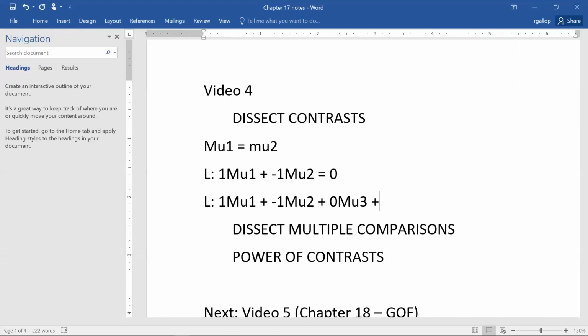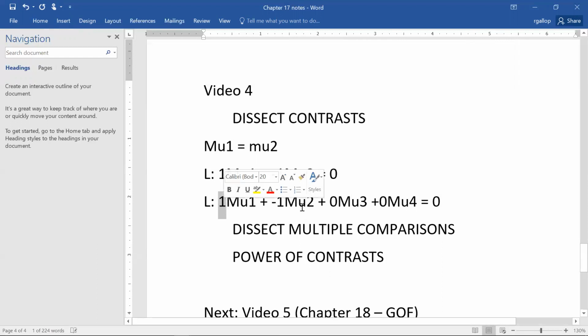I won't put the symbolism for multiplication there, but I think you can get that. It's a linear function, a linear summation of the cell means set to 0, where the coefficients of each cell mean sum to 0.